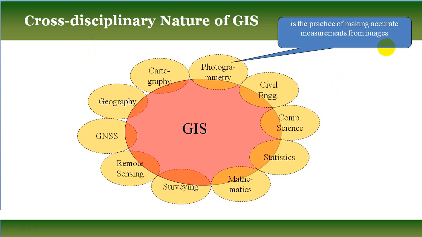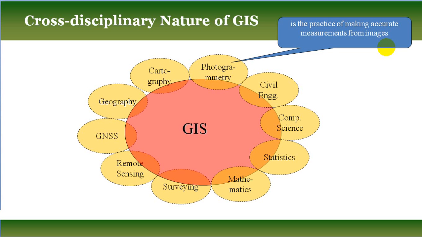From such aerial photographs, if you want to extract geographical data, I'm just giving you one example: building height, tree height, road elevation. That is possible with the help of photogrammetry technology.